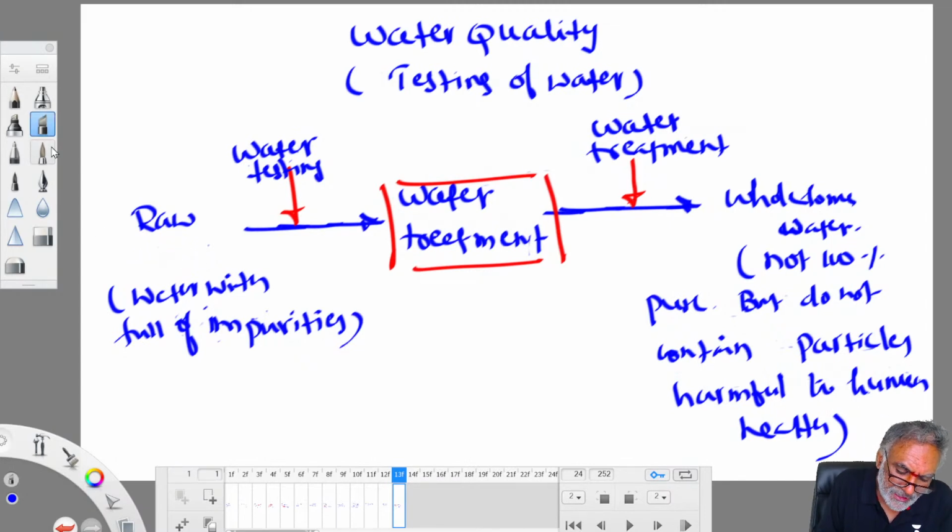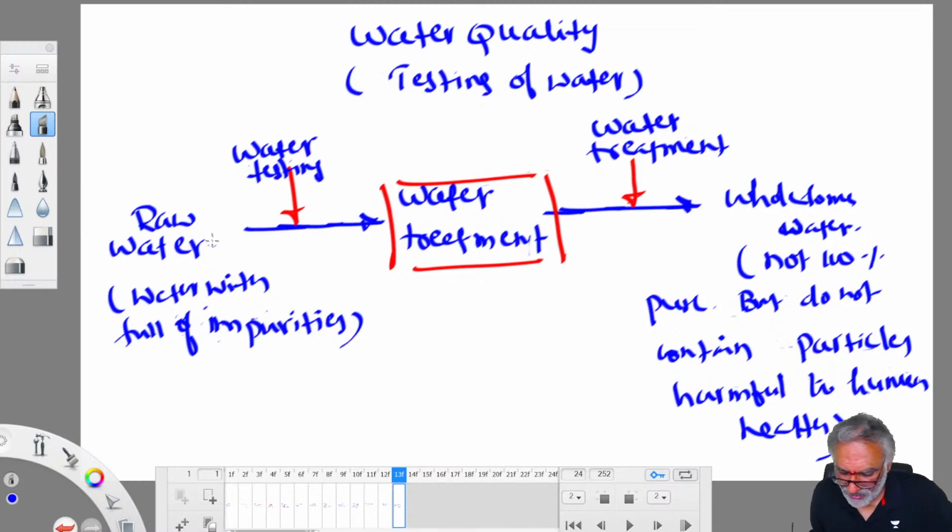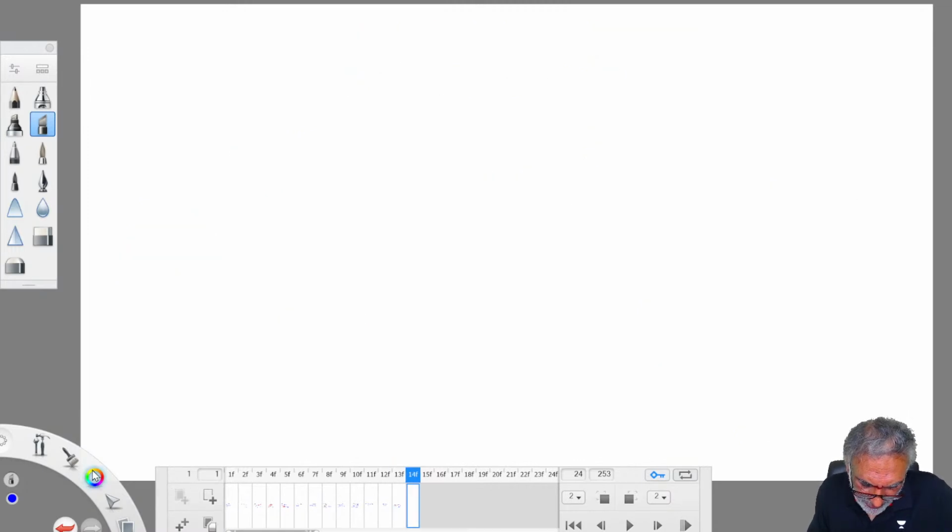It's water supply engineering, not raw water engineering. Water supply systems deal with raw water. Anyway, whichever name you give, no matter, what is important is subject understanding.